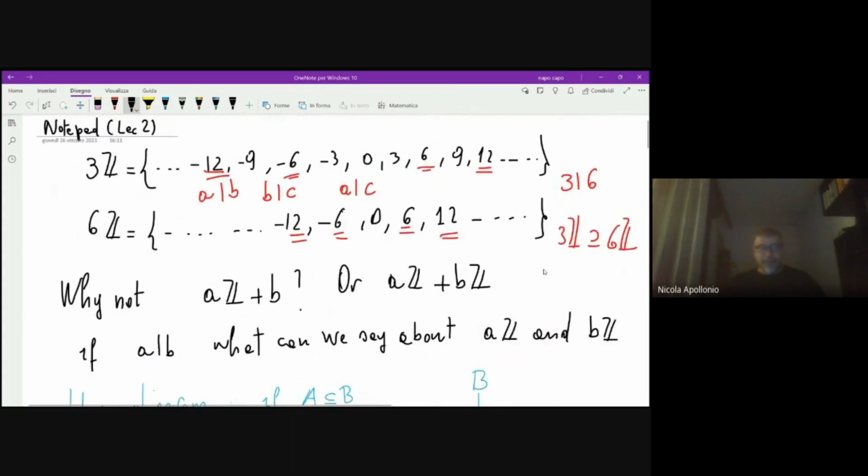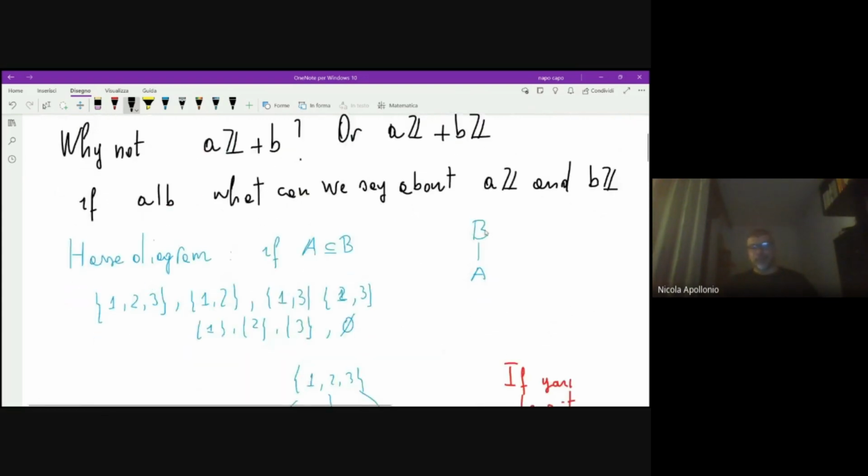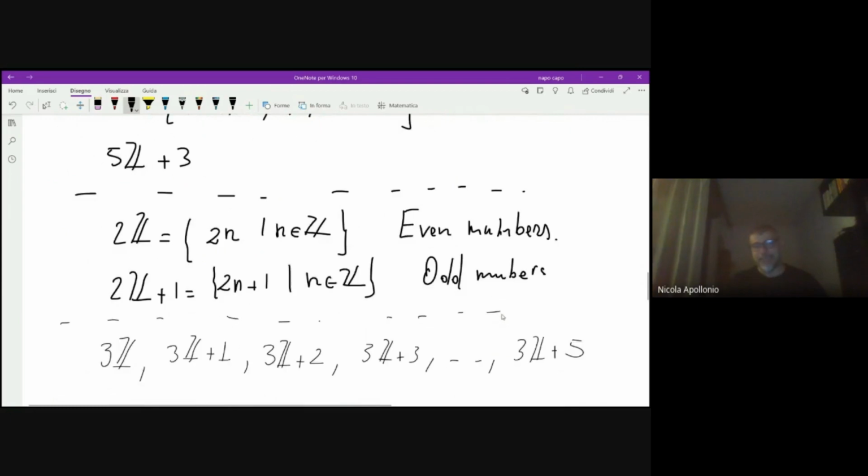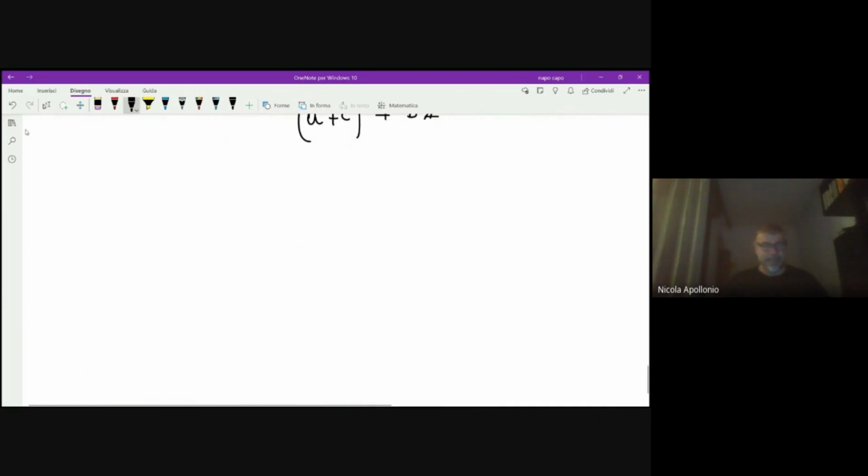Now we have some familiarity with this set and also with these cosets, and also with the sum of two cosets. Let me explain this a bit better.